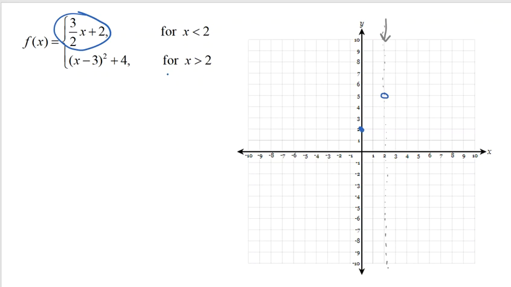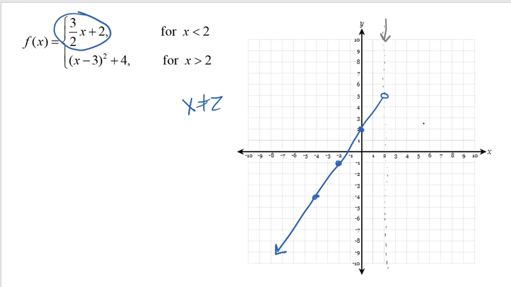The function never says to use 2. I could go less than 2, greater than 2, but I'm literally not allowed to use 2. So I'm going to make sure there's a hole there too for sure. Down 3, left 2, down 3, left 2, and then you could make a line. So anywhere to the left of 2, I'm going to have this beautiful line like so.